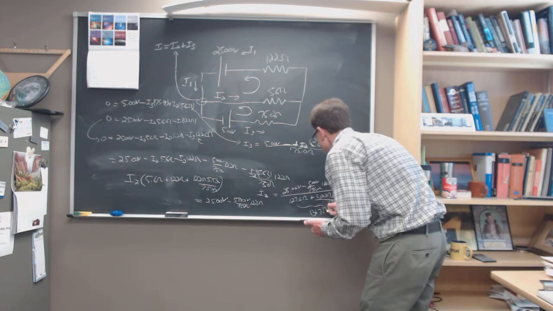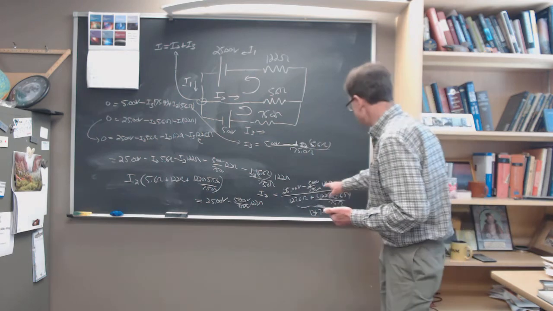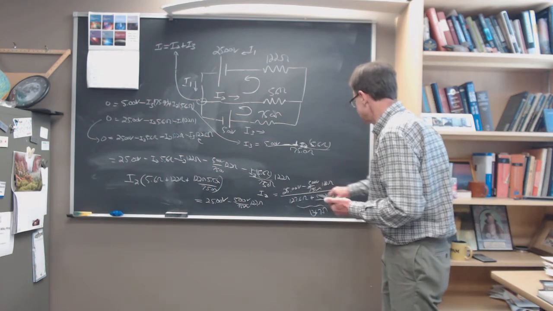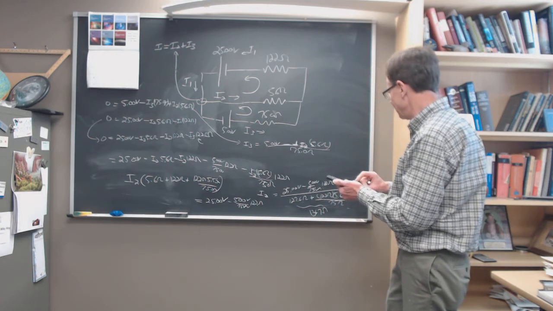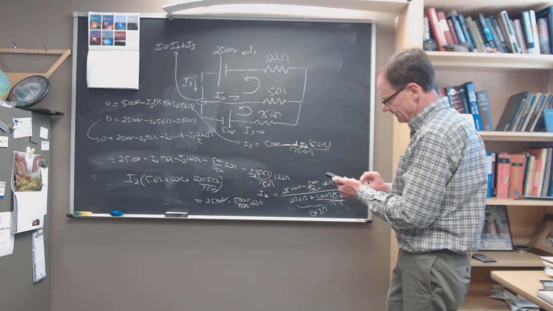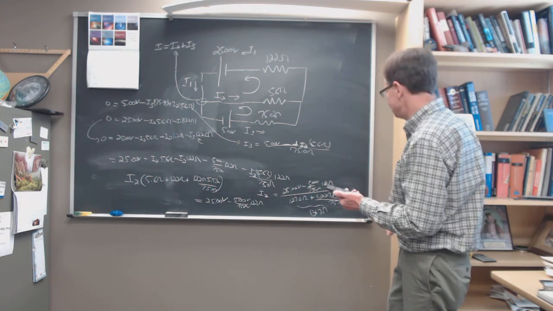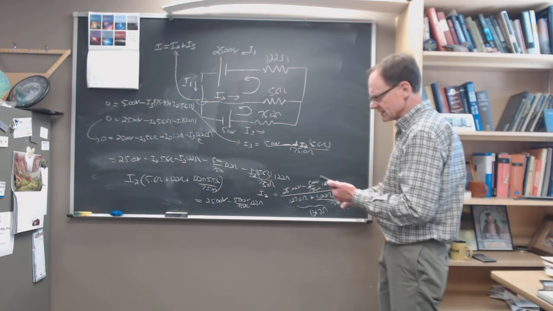Up on top here, we've got 122 divided by 75 times 5 is 8.1 volts. Does that make sense to us? That makes sense to us.